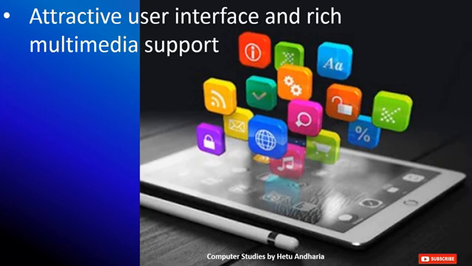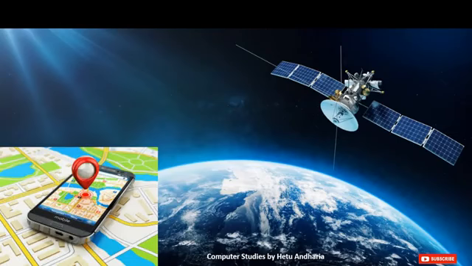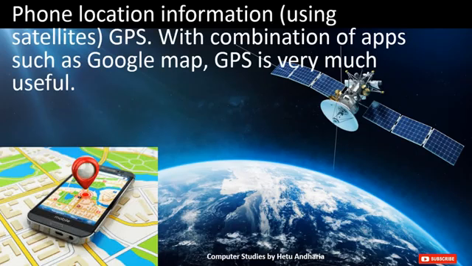Attractive user interface and rich multimedia support. Touchscreen gesture. Then comes GPS. Phone location information using satellites. With the combination of apps such as Google Map, GPS is very useful.